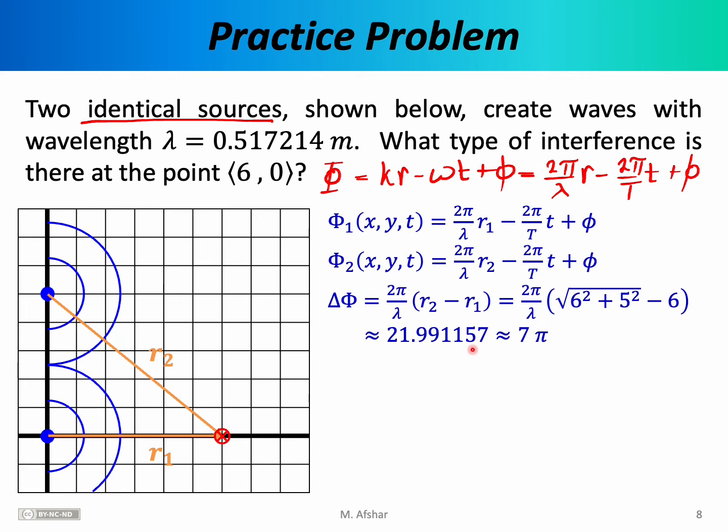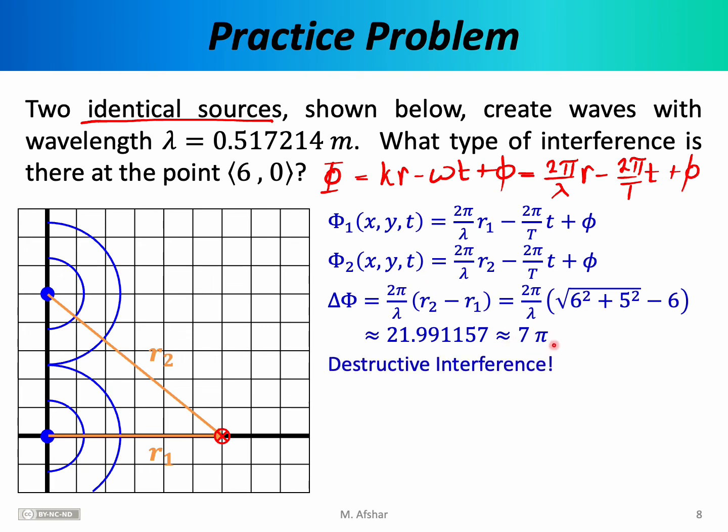When you do, you find that 2 pi over lambda times delta R is 21.991157. You can verify for yourself that this bizarre number here is actually 7 pi. In other words, if you take this number and divide it by pi, you'll get 7. This is important to us because I can now see that the total phase difference is equal to an odd number times pi.